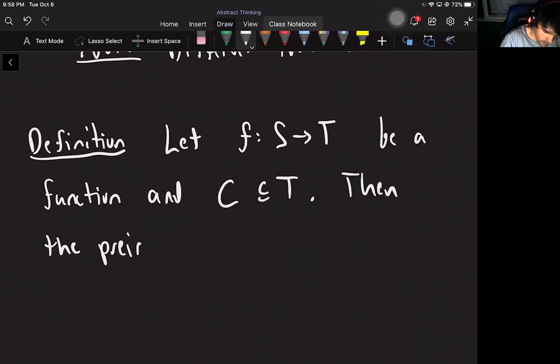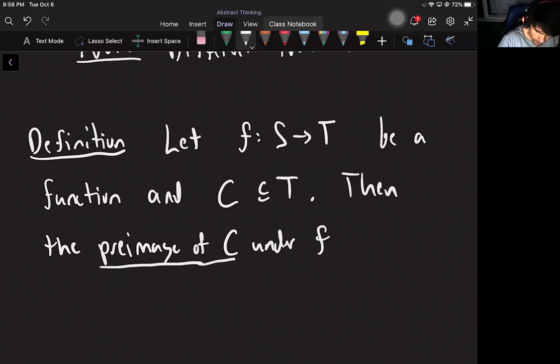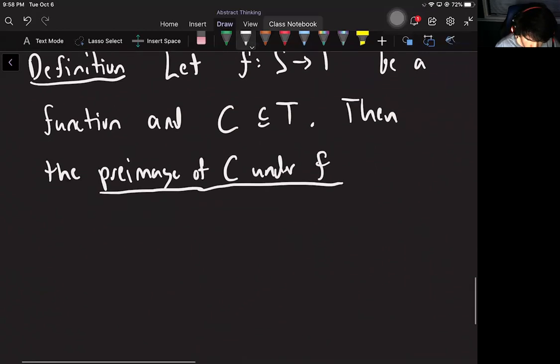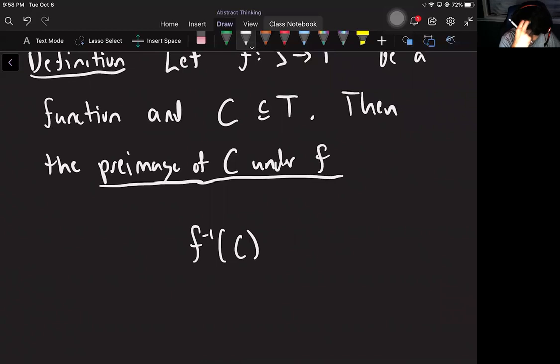So the preimage of C under f. It's just the opposite idea, except we use this really annoying notation because it has nothing to do with the inverse function, because it might not even have an inverse, but we just call it this, I guess because it sort of means go backwards. But it's called the preimage of C.